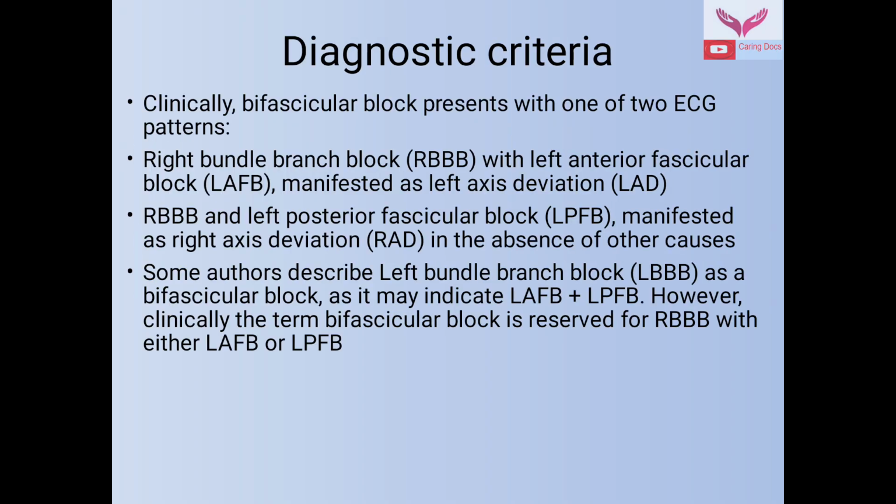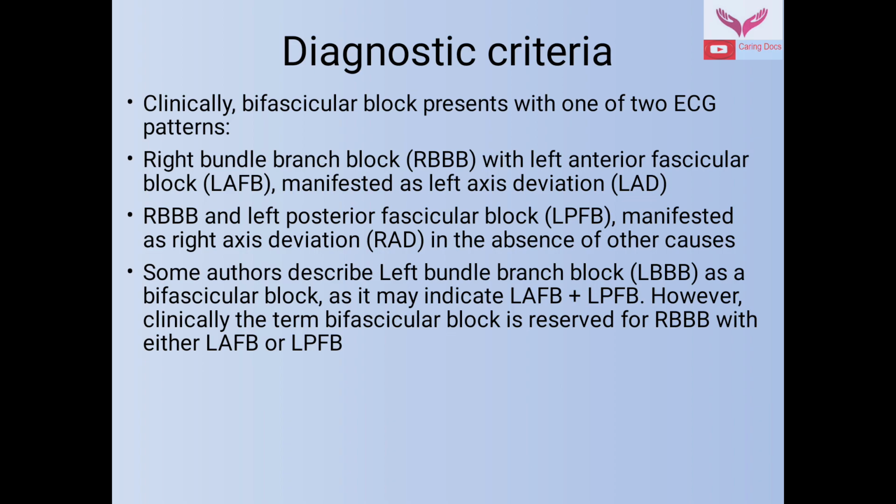The diagnostic criteria for bifascicular block is it should meet one of the two ECG patterns. There should be right bundle branch block with left anterior fascicular block, which is manifested as left axis deviation, and RBBB with left posterior fascicular block manifested as right axis deviation in the absence of other causes.